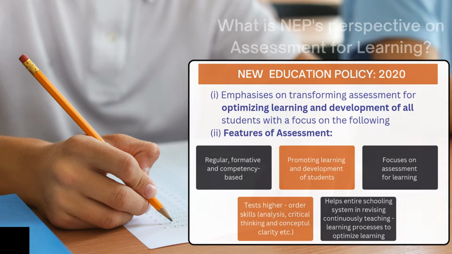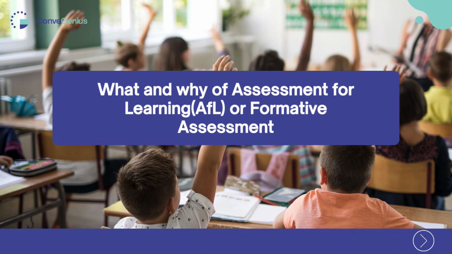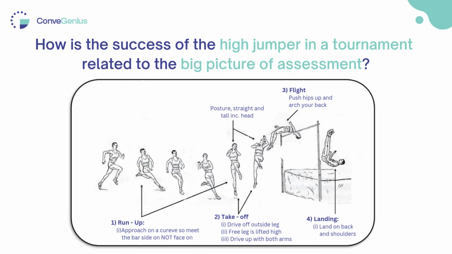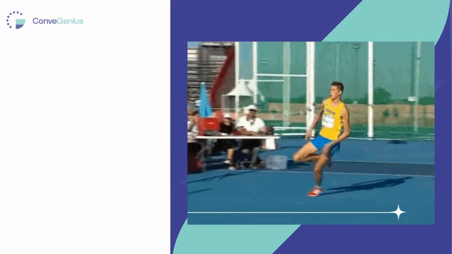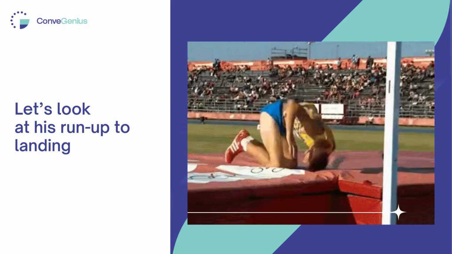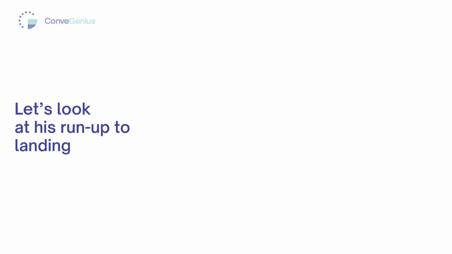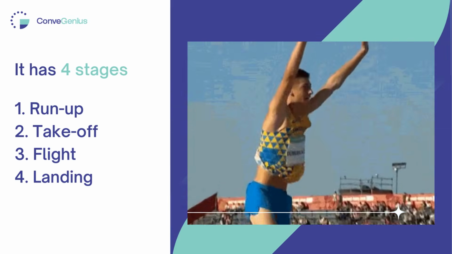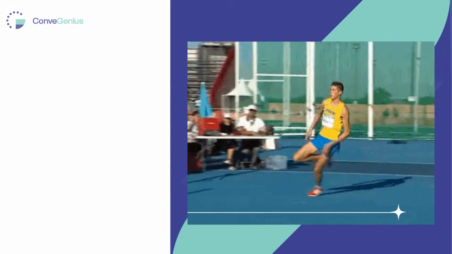Let's look at a quick example. Imagine a high jumper training for a tournament. He practices step by step, run-up, take-off, flight, landing, over many years. His coach watches closely, gives feedback, helps him refine his technique and supports improvement. That ongoing feedback is assessment for learning, guiding growth every day.